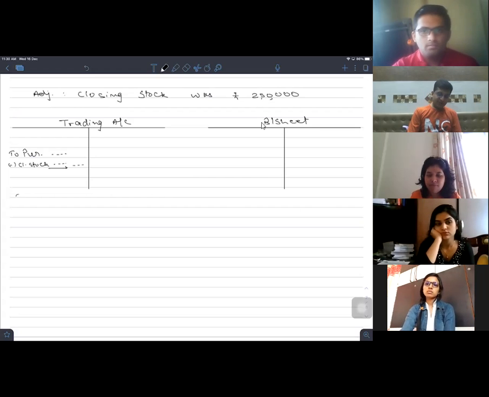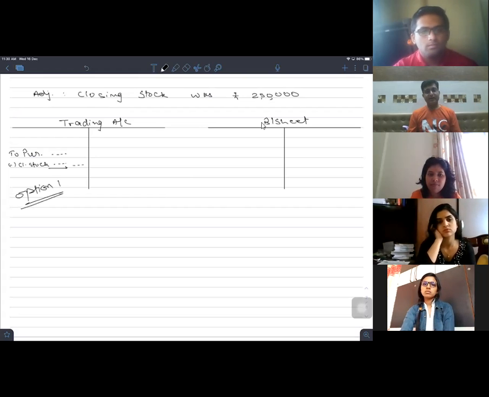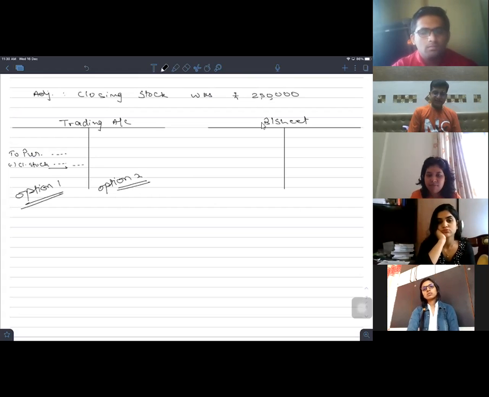This is my option 1 when I'm preparing my trading account. What is my option 2? I'll directly show, instead of reducing from my purchases, I'll directly show it on the trading account credit side as, by closing stock with the amount thereof.